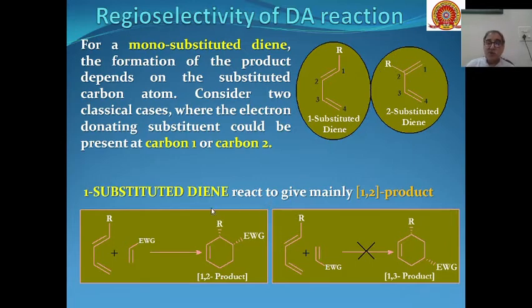Now when a 1-substituted diene reacts with the dienophile, which has an electron withdrawing group, and this is an electron releasing group, we will get the 1,2 product and not the 1,3 product. That is, the cyclization will take place in this manner and it cannot take place in this manner; the 1,2 product will be formed, the 1,3 product will not be formed.